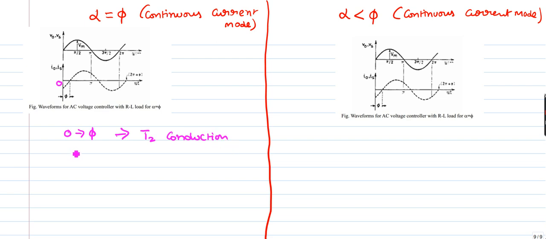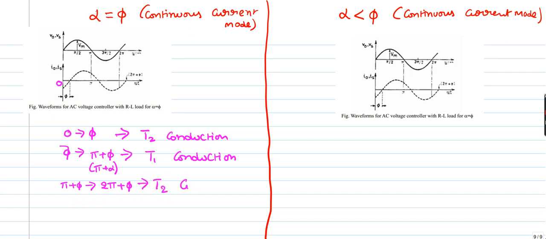Now phi to pi plus phi, T1 will be in conduction. So pi plus phi is nothing but pi plus alpha. Now pi plus phi to 2 pi plus phi, nothing but again T2 will be in conduction.